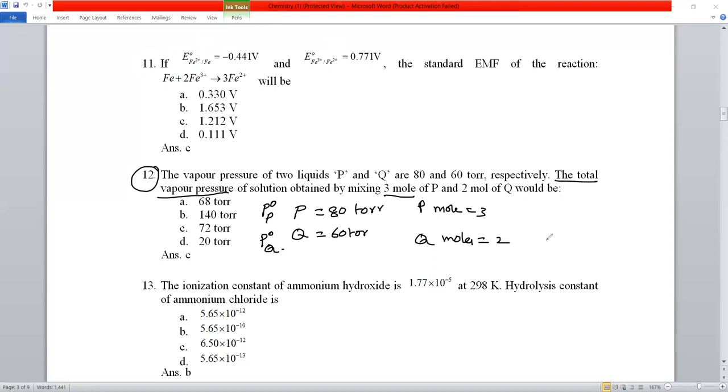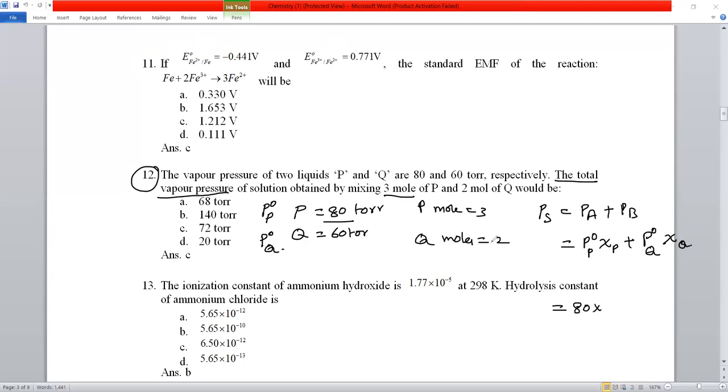So what law do we have to apply here? Raoult's law. Pressure of the solution equals PA plus PB. So PA is P naught of P into its mole fraction, plus P naught of Q into the mole fraction of Q. P naught of P is 80 torr.